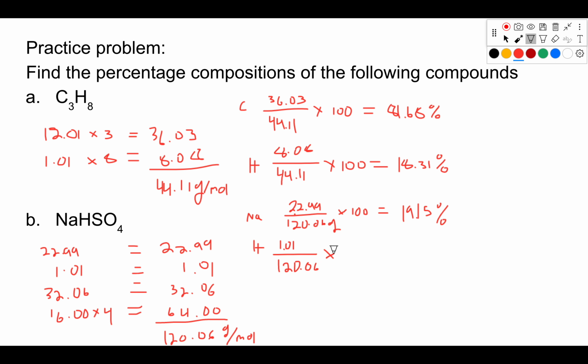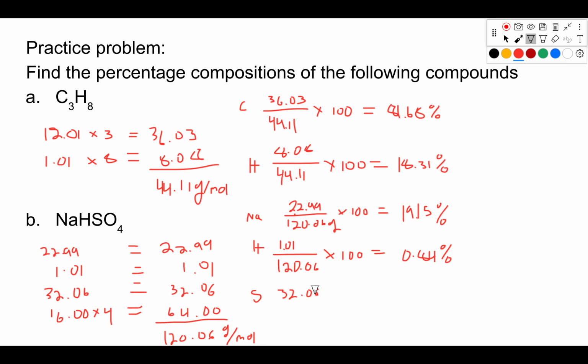And then take it times 100. So we're going to have 0.84% hydrogen. So not much.